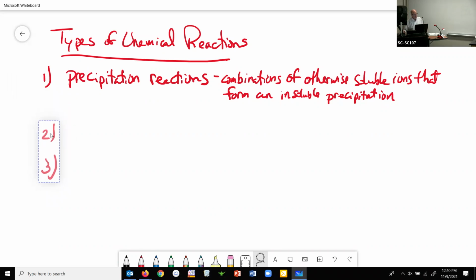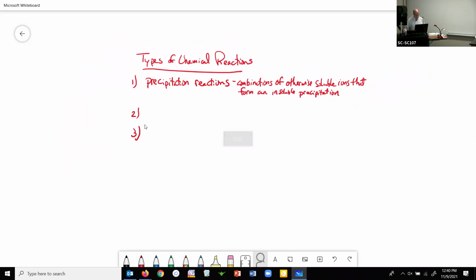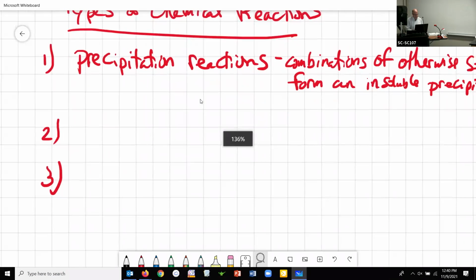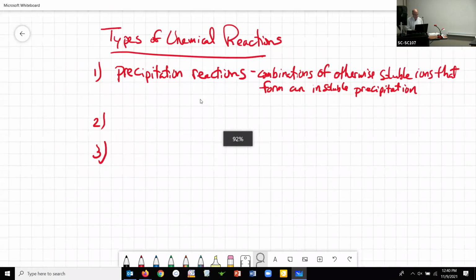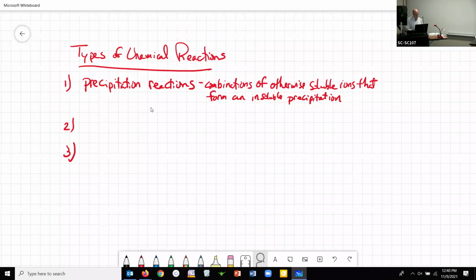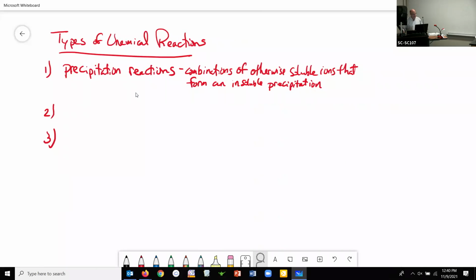Now, we have not used a precipitation reaction in any of the labs so far. And arguably, of the three types of reactions, it is the least commonly occurring, certainly in terms of importance. The next two form the bulk of the types of reactions that we run into, particularly in biological systems.